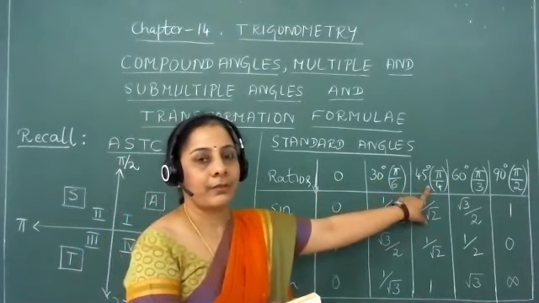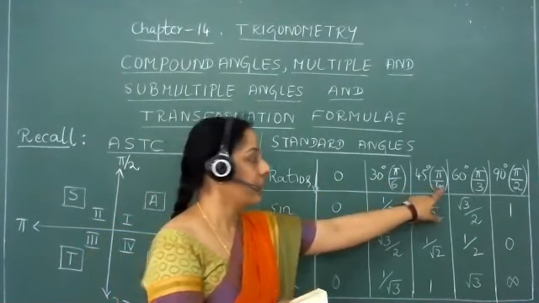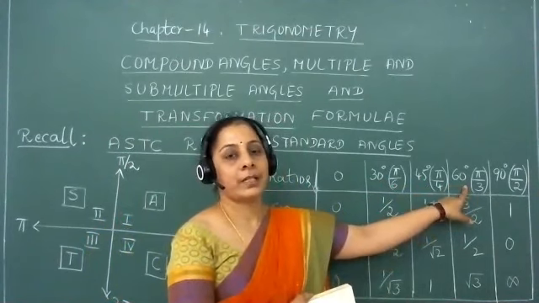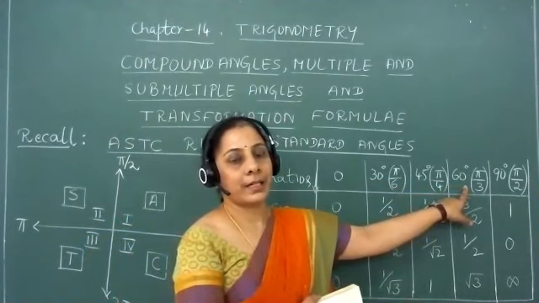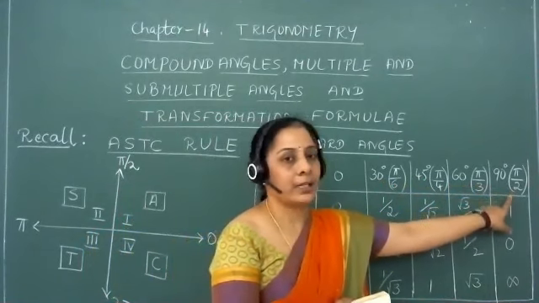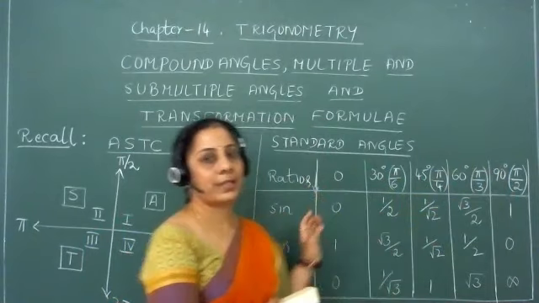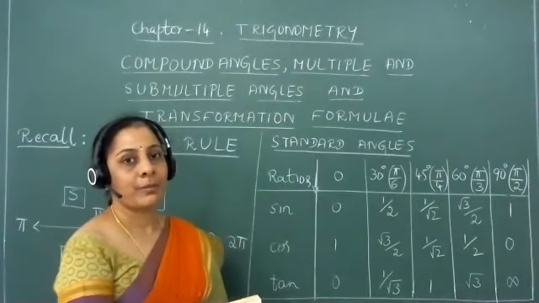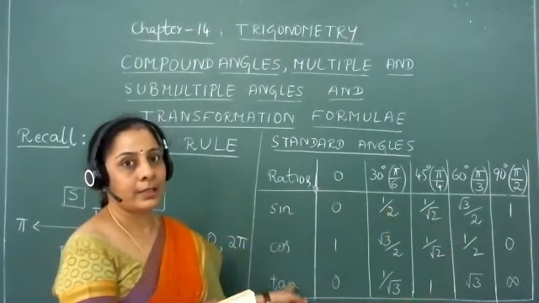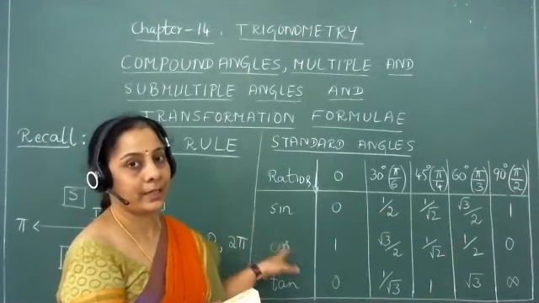Then the third, 45 degrees, in radian measure pi by 4. In the fourth column, you have 60 degrees, and in radian measure the same comes as pi by 3. And in the last, you have 90 degrees, which in radian measure corresponds to pi by 2. And we all have learned how to make use of this as a ready reckoner table.